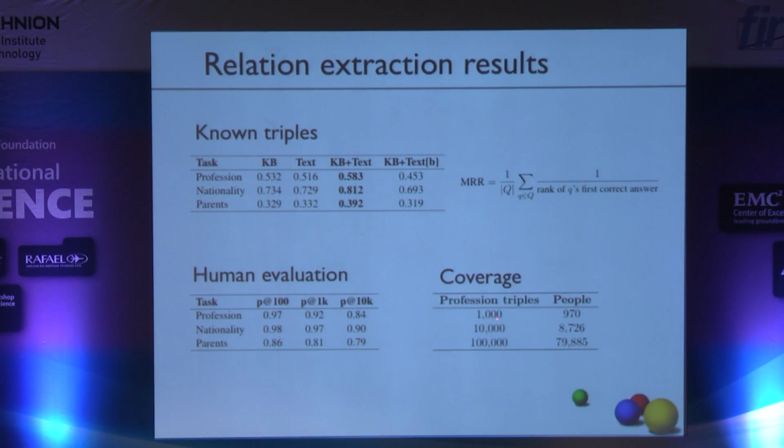So if we extract profession triples, so person, relation, profession, you're getting a lot of new triples. For instance, if I have 100,000, almost 80,000 are unique. Now, we don't know whether they are all true, but we know that we can probably count on around 90% precision, which is a fairly good output.